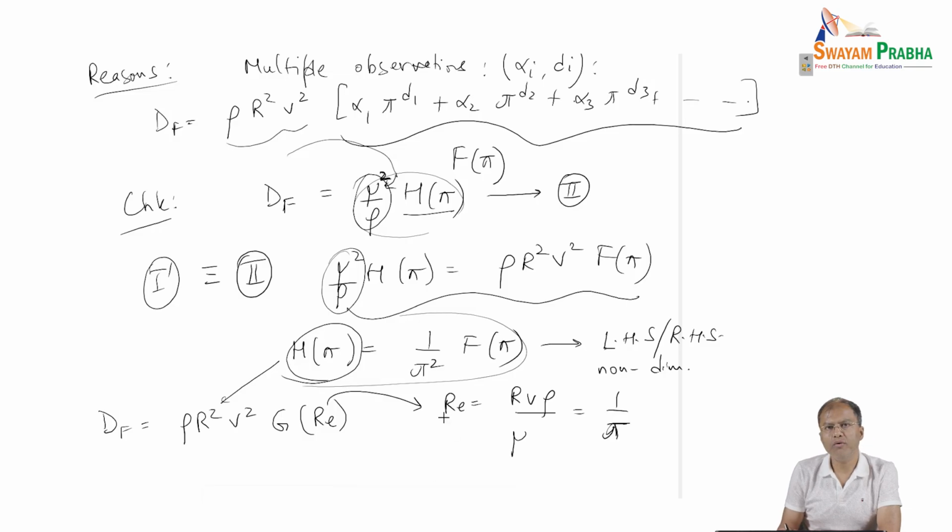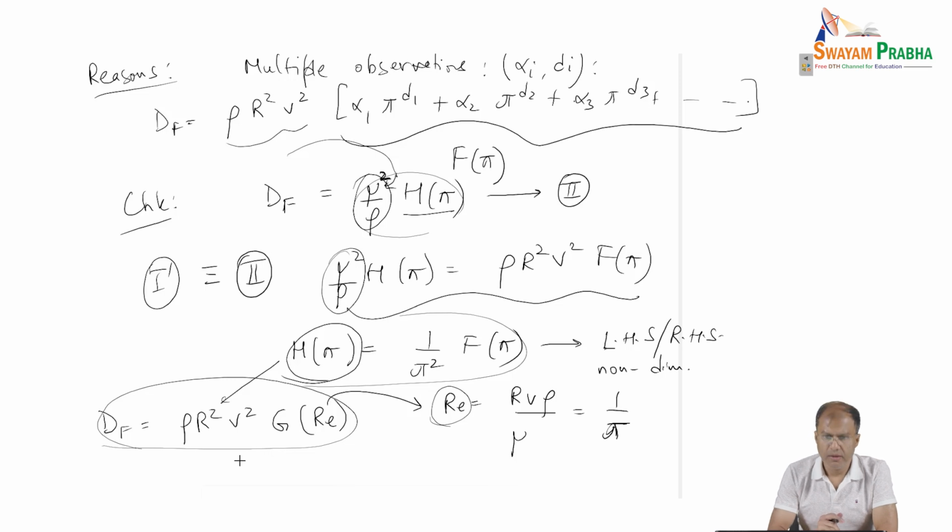Re in the fluid mechanics literature is denoted as the Reynolds number of the fluid, and we have written the drag force in the form of this new group g of Re. Now this is a more helpful representation than the previous representation f of pi, because at least there are some experimental observations available to find this g of Re in terms of this group Re, which is non-dimensional.